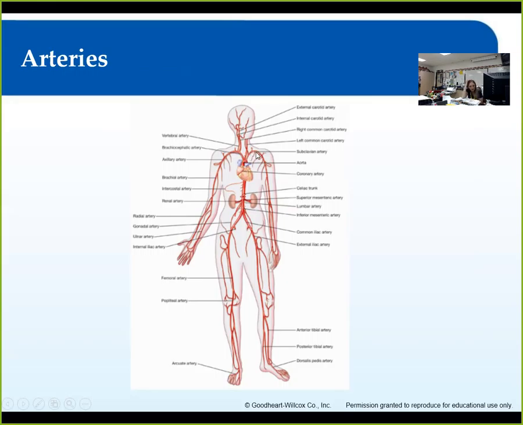Those are the three that come off of the aortic arch. Okay, so on the right-hand side of 390: right common carotid, left common carotid, subclavian artery, aorta, coronary artery, and then the common iliac artery. Those are the ones I want you to know from this page. Those are what you'll have to know for the test, so make sure you can locate those.